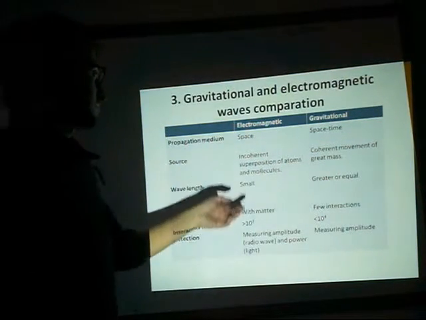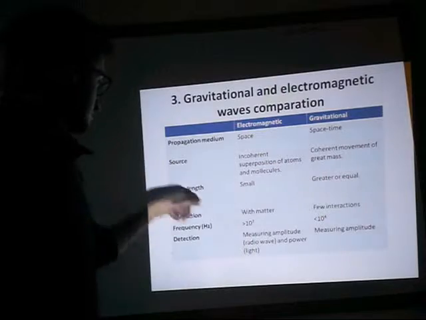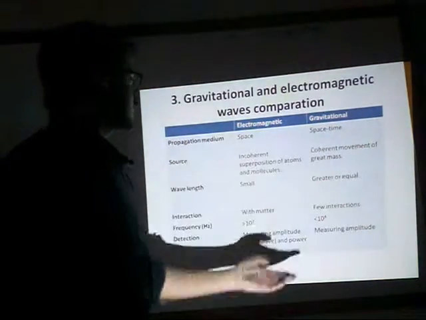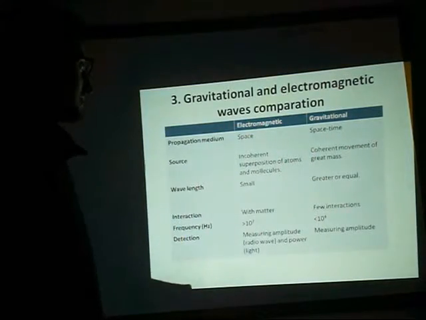The wavelength in electromagnetics is small because the frequency is high. And in gravitational, it is the inverse.